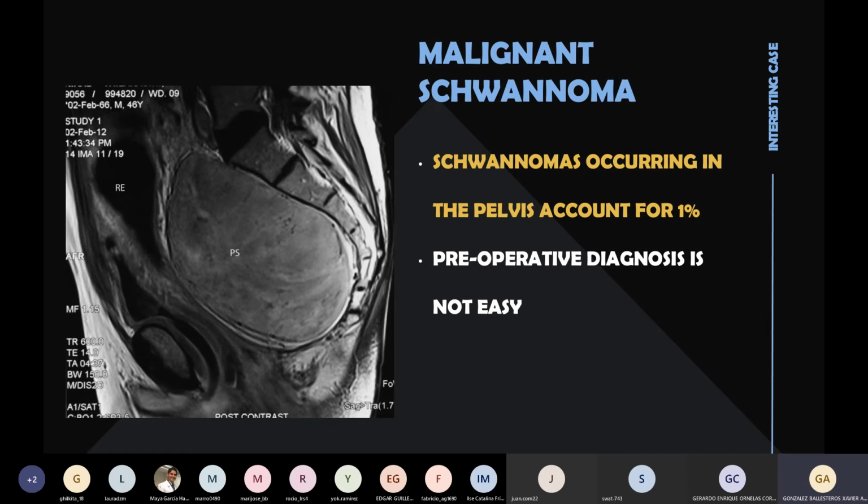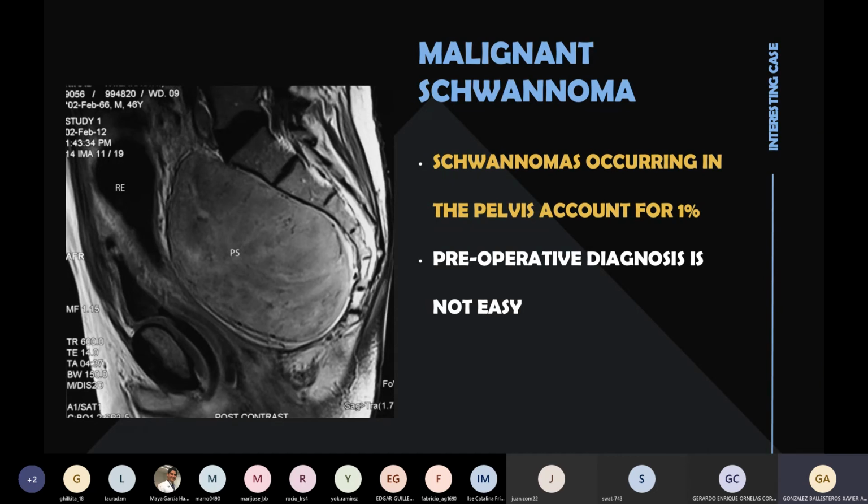Although fairly distinct in clinical and histological presentation, a preoperative diagnosis of a schwannoma is not easy, owing to a lack of distinguishing features on imaging, such as ultrasound, CT, and MRI. Usually they manifest as a large mass, and they might remodel or erode the sacral bone depending on their origin.